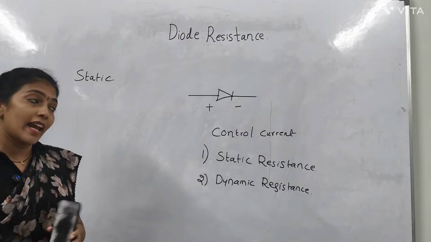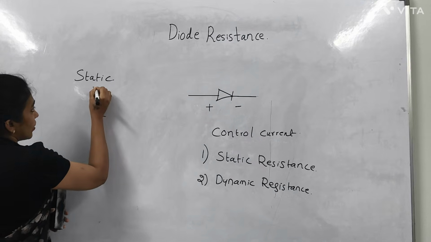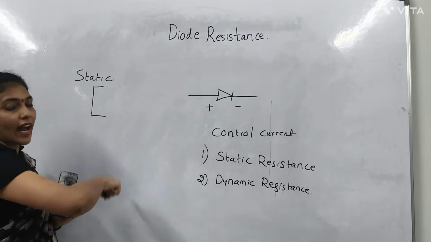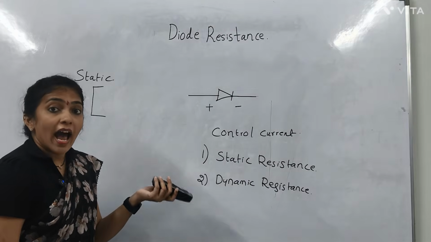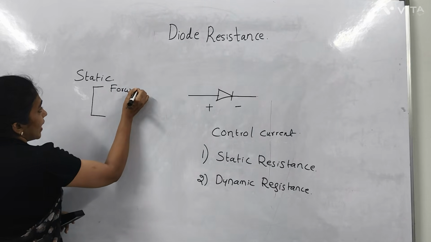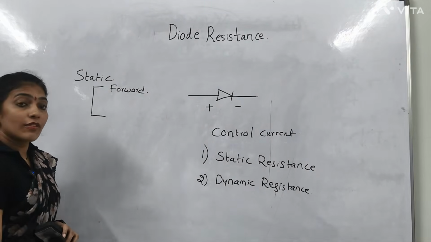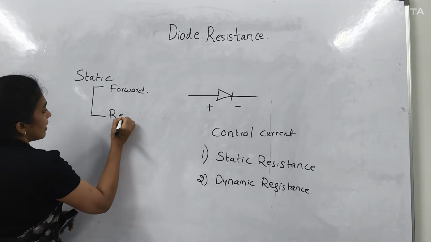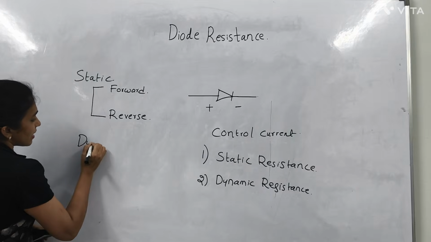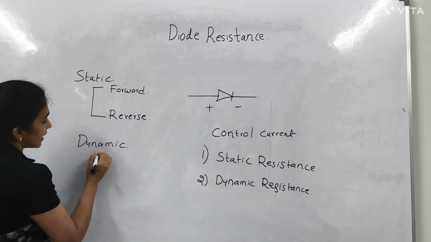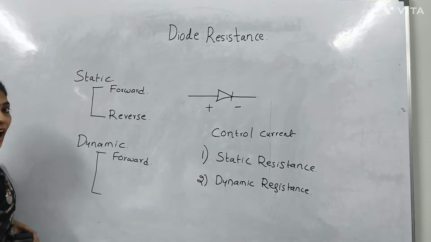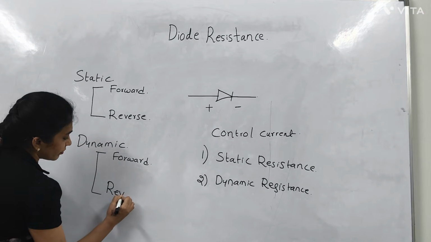Static resistance is again calculated in two ways: we need to calculate it in forward bias as well as reverse bias. Dynamic resistance is also calculated when the diode is in forward condition as well as reverse condition.